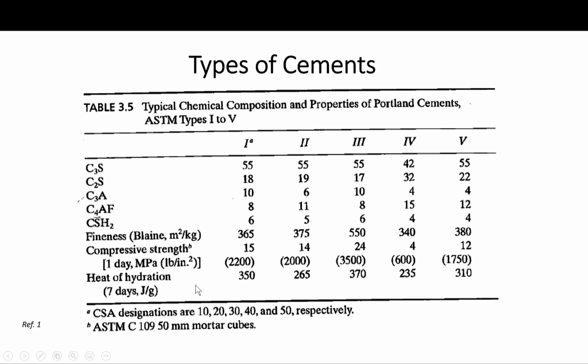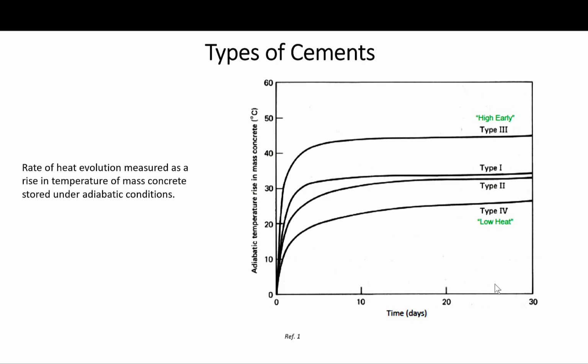The heat of hydration, as we expect, at 7 days, in joules per gram. Look at this compared to this, for example, the low heat of hydration cement. This one gives us, as I talked about somewhat, the adiabatic condition, the heat evolution measured as the rise in temperature of mass concrete. Look at type 3, it is the highest. This type 3 is type 1, but ground much finer. Look at type 2 and type 4.